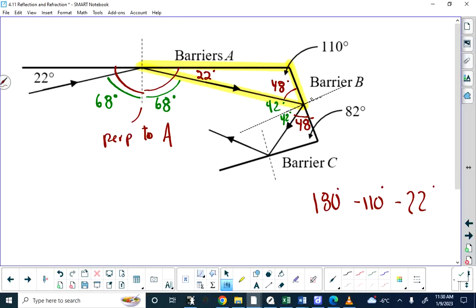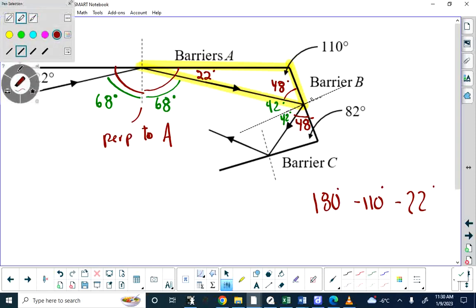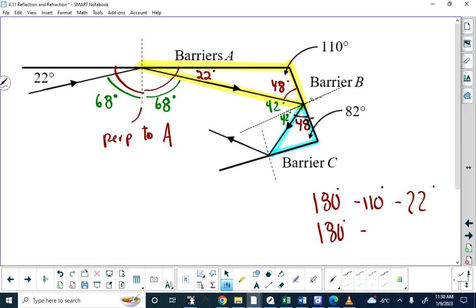And now I'm back in the same boat that I was with the yellow triangle, but this time we're talking about this blue triangle. The three angles must add up to 180. So now I'm going to be taking 180 degrees minus 48 degrees minus 82 degrees.